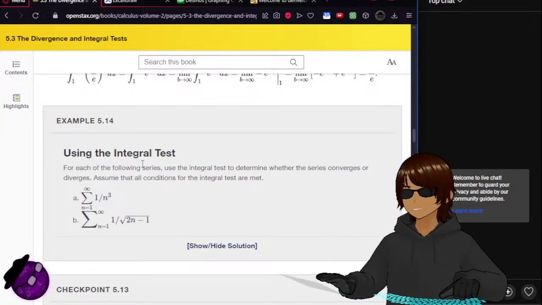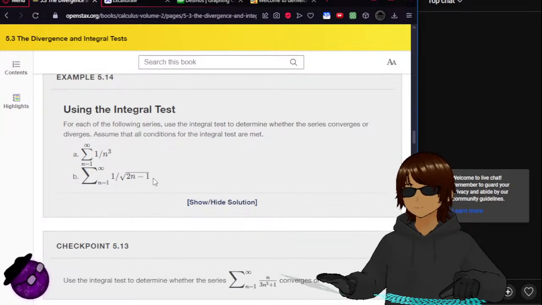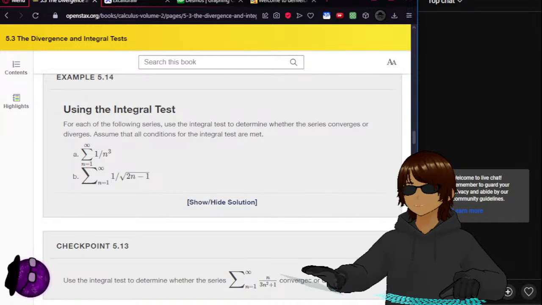Okay, using the integral test. For each of the following series, use the integral test to determine whether the series converges or diverges. Assume that all conditions for the integral test are met. Okay, let's try this: 1 over square root of 2n minus 1.